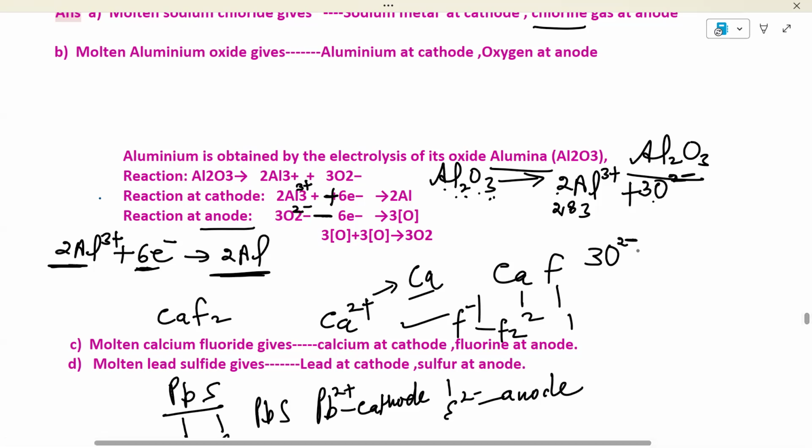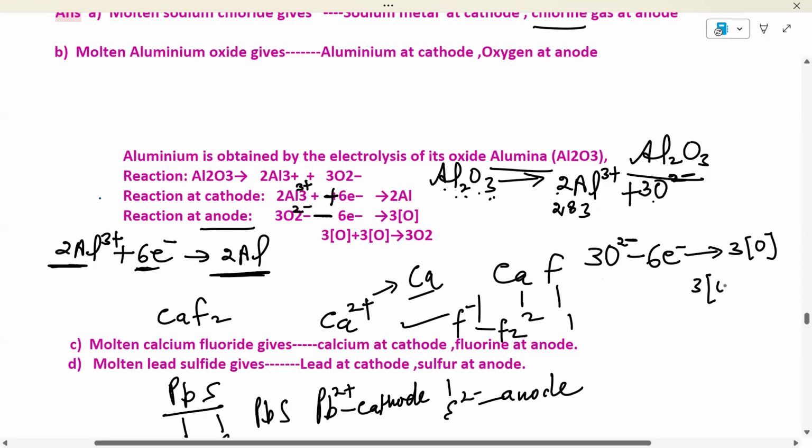Now we need to lose 6 electrons because we need oxygen gas here, oxygen molecule. So it means we need to lose 6 electrons here, right? Because to get one oxygen atom, we need to lose 2 electrons. So 3 atoms of oxygen will lose 6 electrons, and then we can get 3 atoms of oxygen, right?